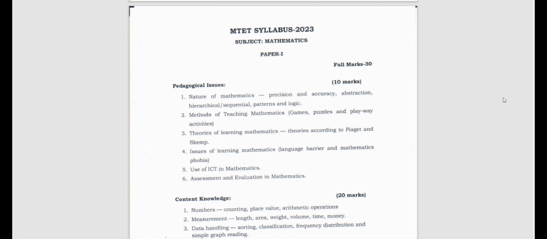Recruitment should be there every year as much as possible, because there are many schools which need the trained teachers, right? Trained teachers are required. So we must believe in our government, and our government should also believe in us, and they should create job opportunities for us as much as possible, right? So let's hope for the best.